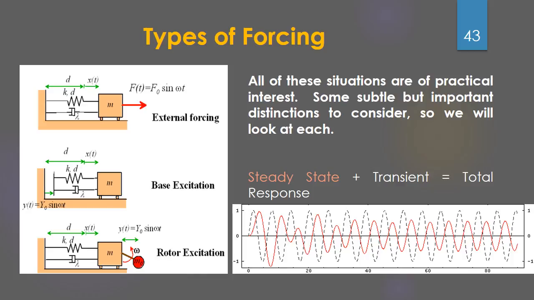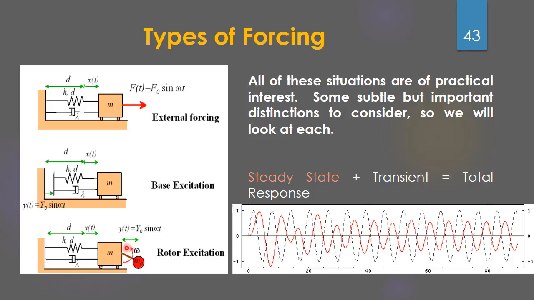I'm going to talk about the types of forcing, which my teammate Ahmed has explained, that we have 3 types of forcing. We have external forcing, which is basically a force applied on the mass, this value over here, and we have base excitation, which is motion in the base with a value, and finally we have the rotor excitation, which is also called rotating imbalance.